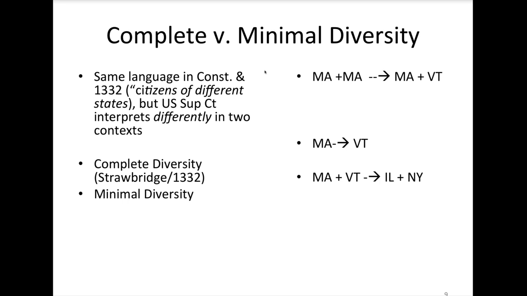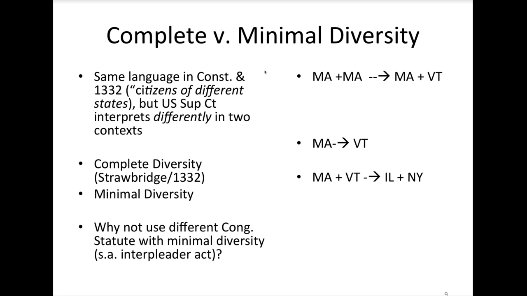Minimal diversity is what the Supreme Court says the U.S. Constitution requires. That was stated in the Tashire case. You never have to cite that, but if you want to go back and find it in your casebook, that's what that case said. Now, some people were wondering, why wouldn't you use a congressional statute with minimal diversity, such as the Interpleader Act? Why would you use the harder complete diversity?